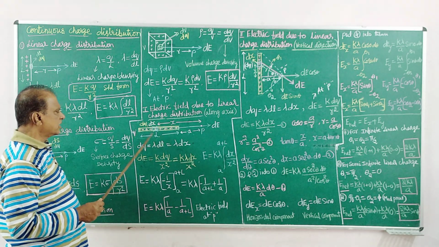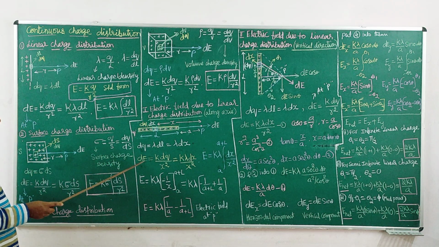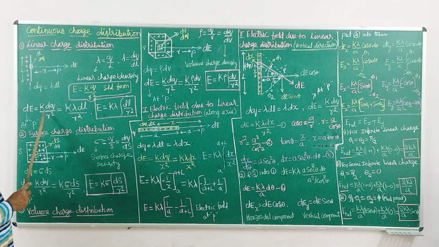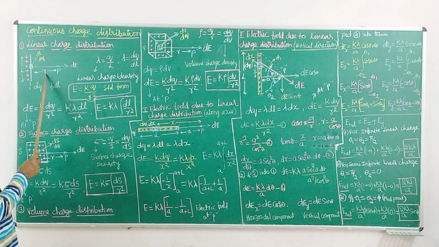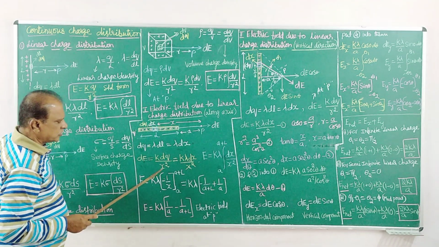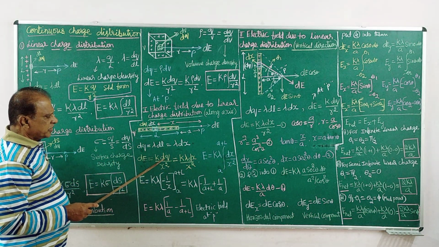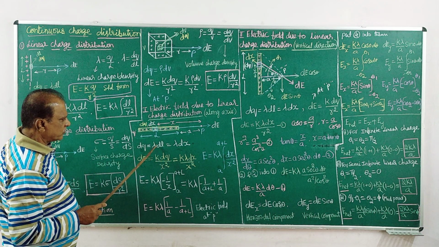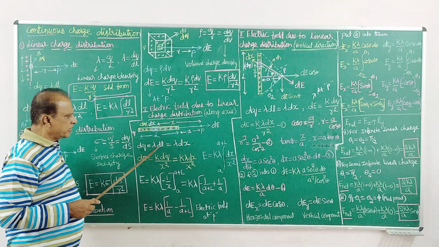Write the equation. The same equation, dE is equal to this one I have written. Here the distance of separation was r, here the distance of separation is x. That is the only difference. And replace dq by the equation of linear charge density, lambda dl.